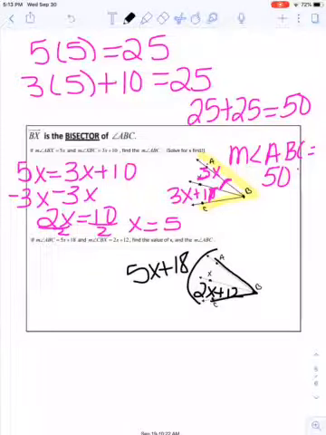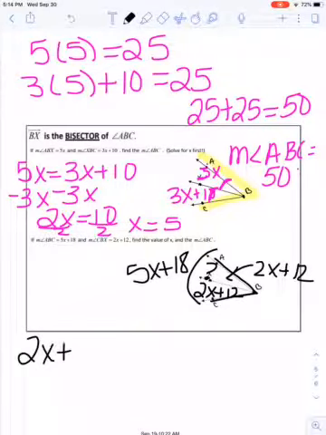But I don't know what ABX is. They didn't tell me. But what they did tell me is that there's a bisector, and BX is the bisector. So that means that it's cutting it in half. So whatever one part of the angle is, the other part must also be the same. So that means that they must also be 2x plus 12.